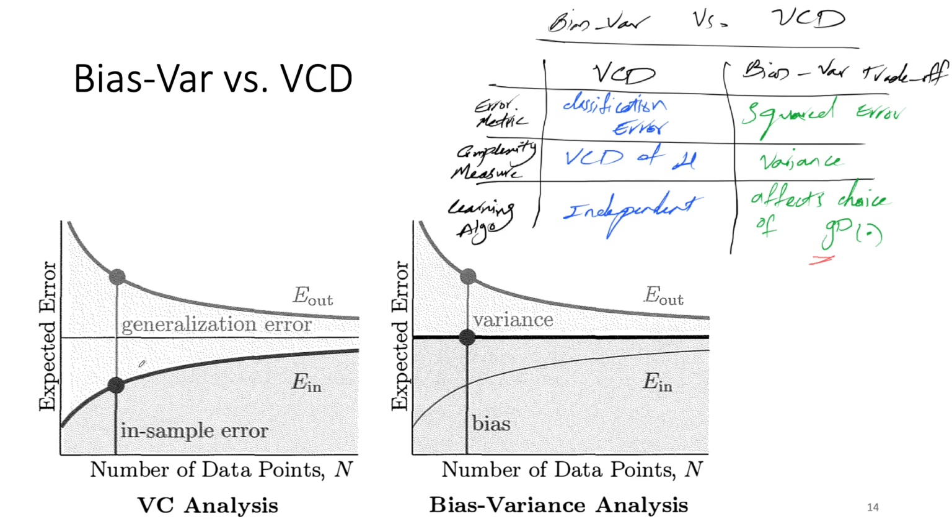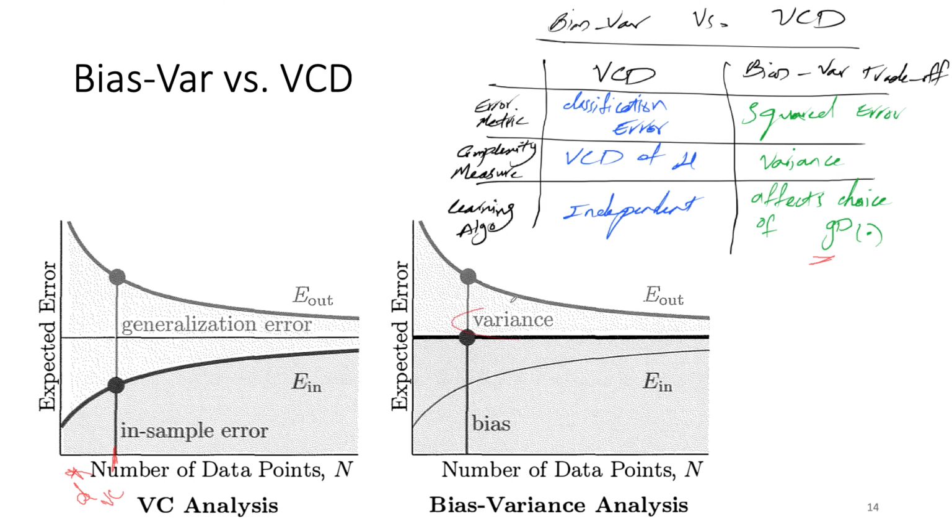And coming here, so this is how VC dimension defines your learning curve. So that was your, say, optimal VC dimension, right? In sample error and out of sample error.